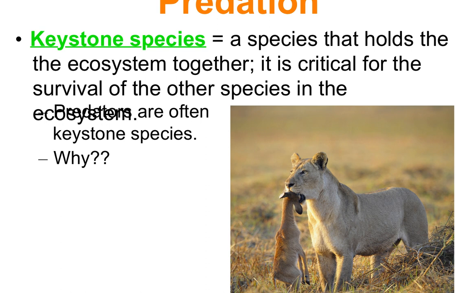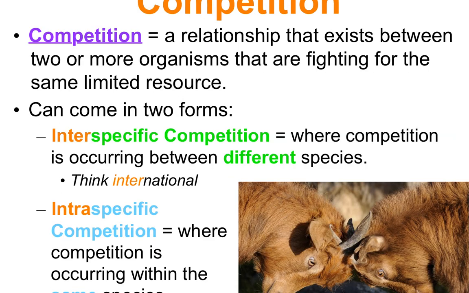Amongst organisms, because space and resources are limited, we see competition. It exists between two or more organisms that are often trying to fight or compete for that same limited resource. It can come in two different forms, interspecific and intraspecific. Interspecific is occurring between different types of species.